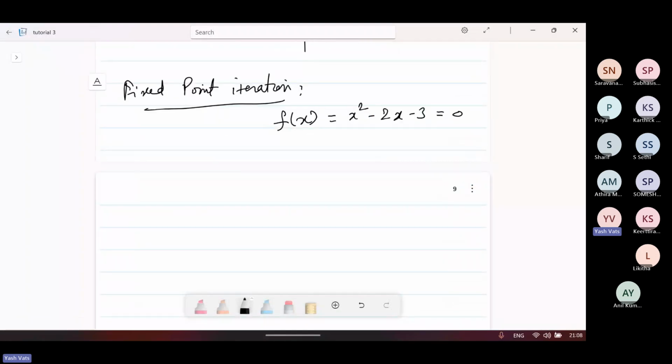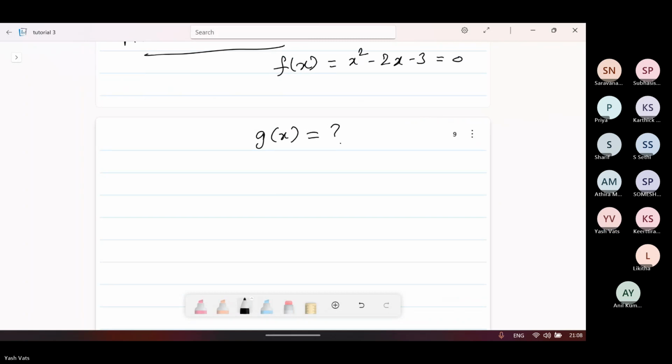So what is the value of g x? What should be the possible values? Same function can be taken as g x.